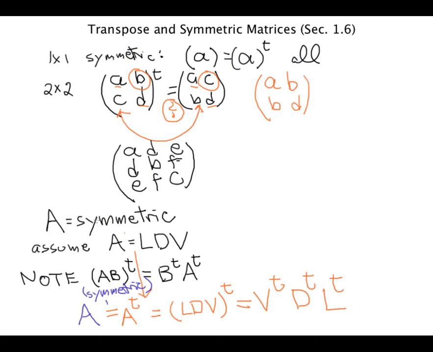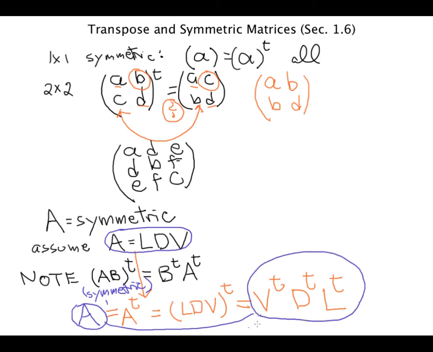So I have two different, very similar expressions for A. I've written it as LDV, and I've also written it as V transpose D transpose L transpose. Now, what do we know about these matrices? L, for example, I'll drop the word special, is lower triangular.